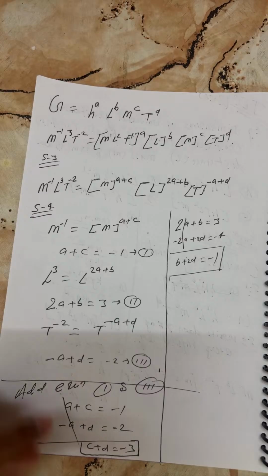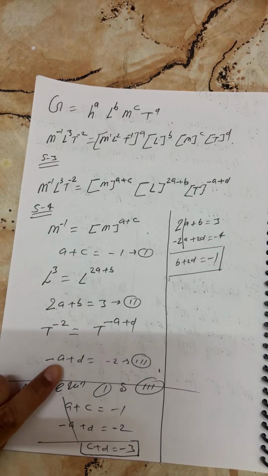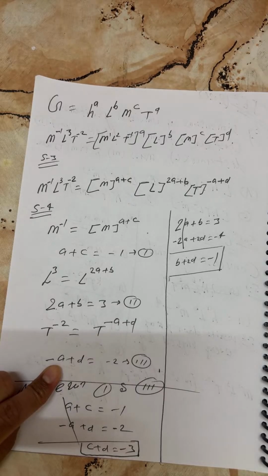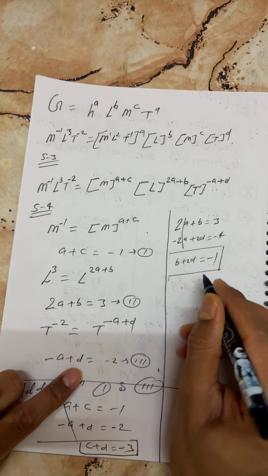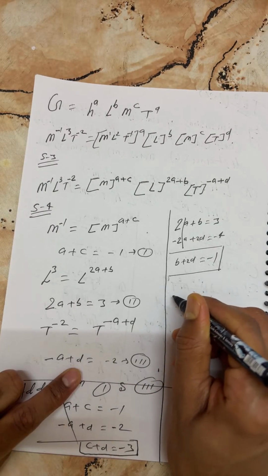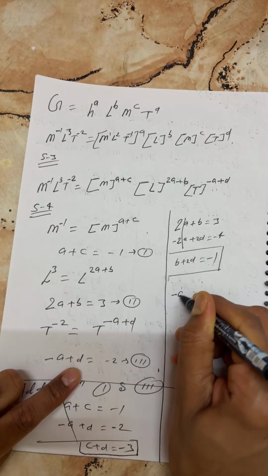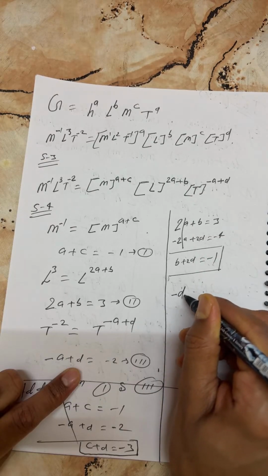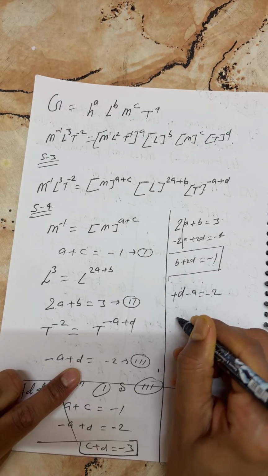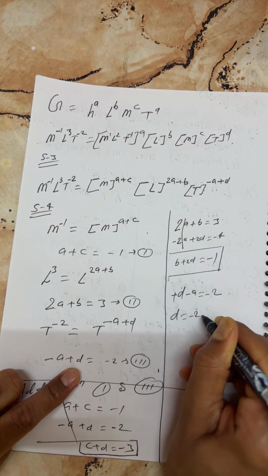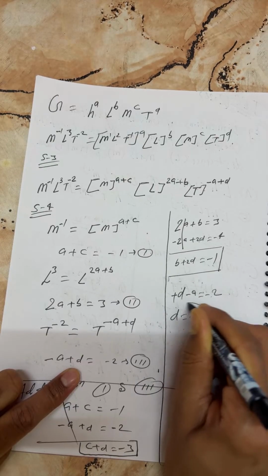Or you can do one thing also. You can write d in terms of a. If I use equation number 3, then d minus a is equal to minus 2, so d is minus 2 plus a.